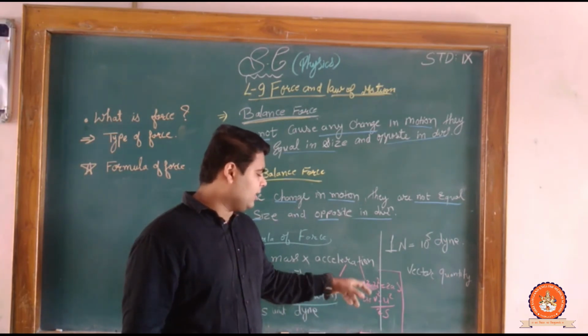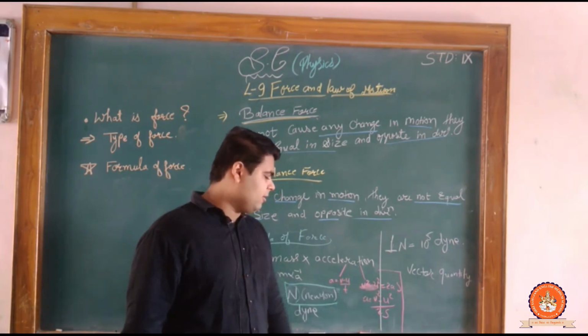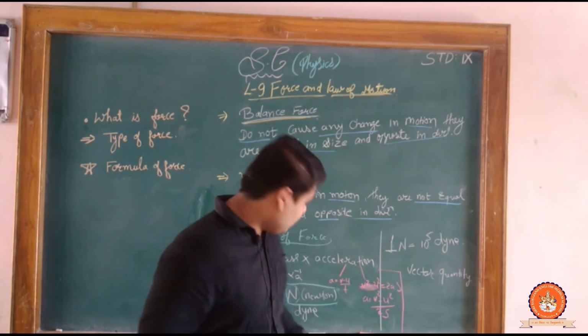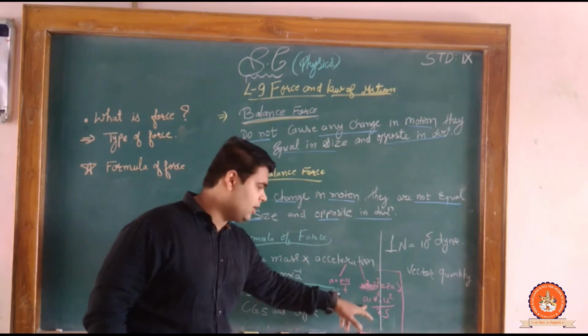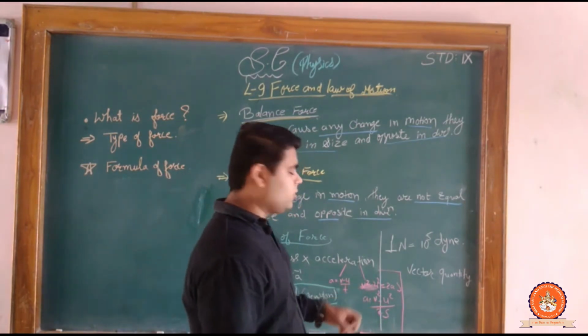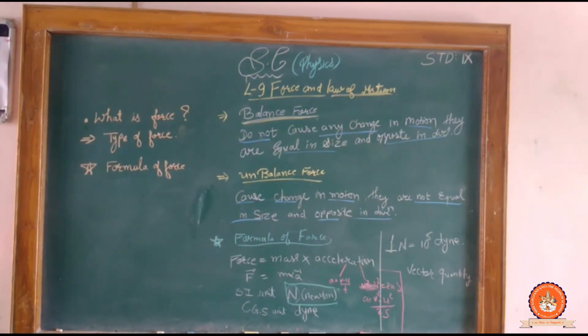Even the third equation of motion: if the initial velocity and final velocity are given, and the time is not given but the distance is given, then you can use (v square minus u square) divided by 2s. This is important. Clear? So write it in your book. We will move further.